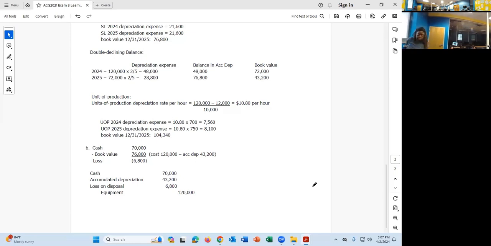To get the 72,000, and then the 76,800, add the depreciation amounts together, then subtract that from 120,000 to get the 43,200, and subtract the 28,800 to get the 40,000... Definitely do that. If that makes more sense to you, then that absolutely works. Anything else?